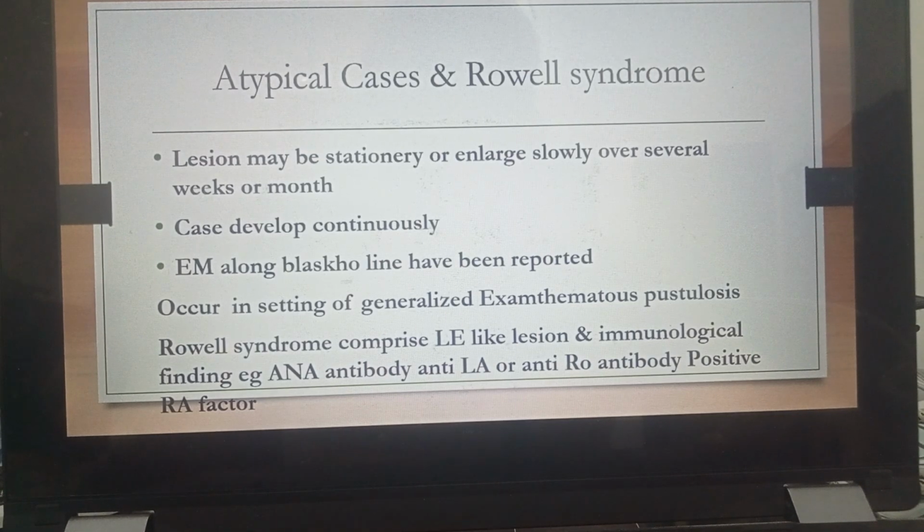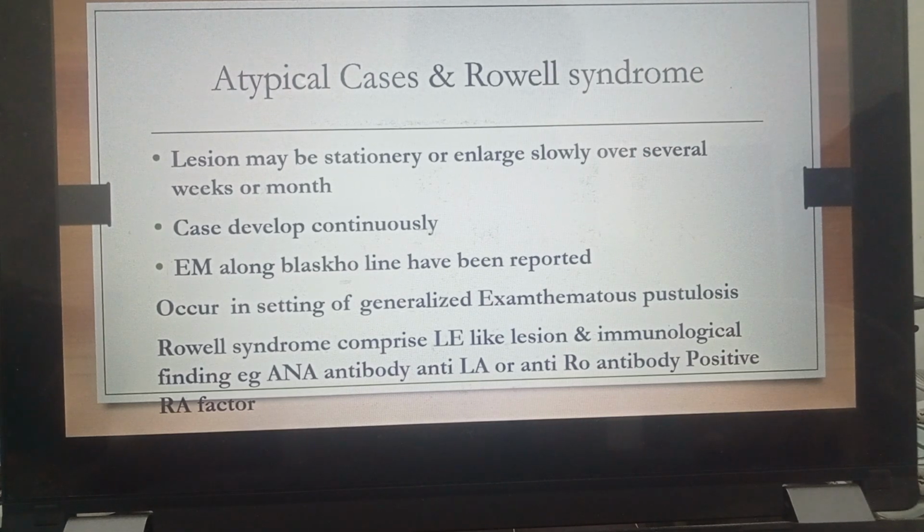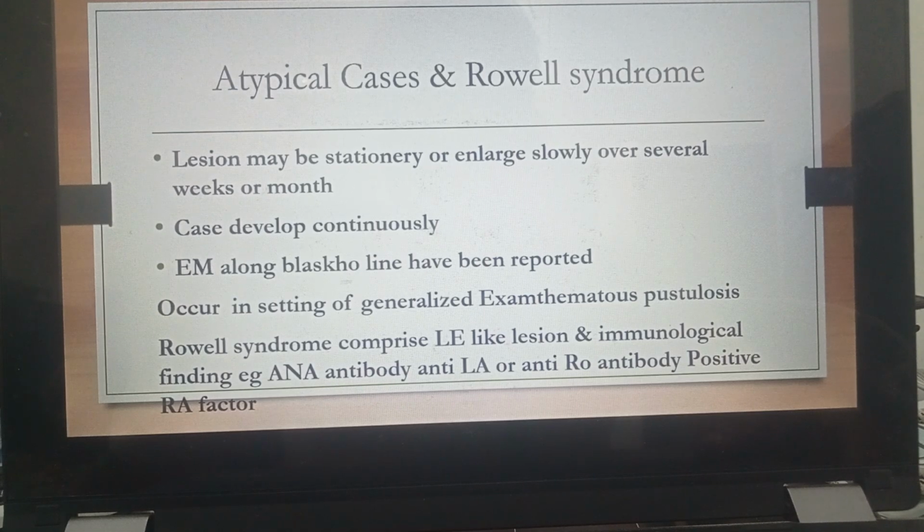In the atypical cases, lesions may be stationary or enlarge slowly over several weeks or months. Cases usually develop continuously. Erythema multiforme along Blaschko lines has been reported. It occurs in the setting of generalized exanthematous pustulosis. Moreover, Rowell syndrome comprises lupus-like lesions, with immunological findings, for example ANA antibody, anti-La or anti-Ro antibody, and positive RA factor seen.